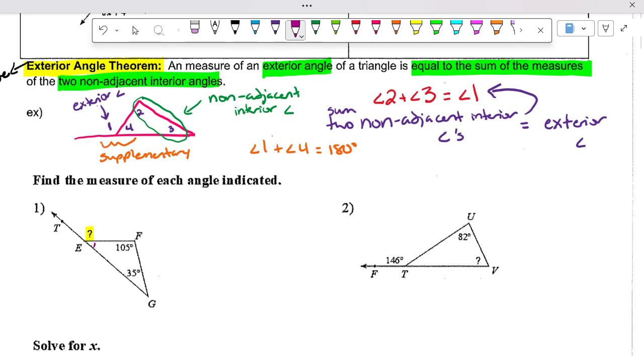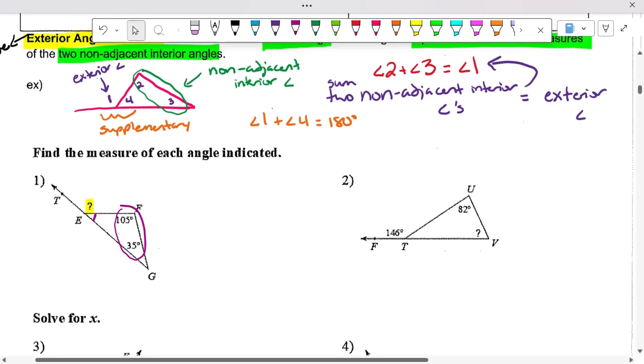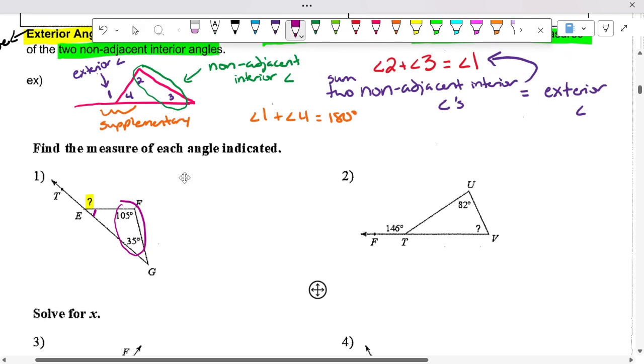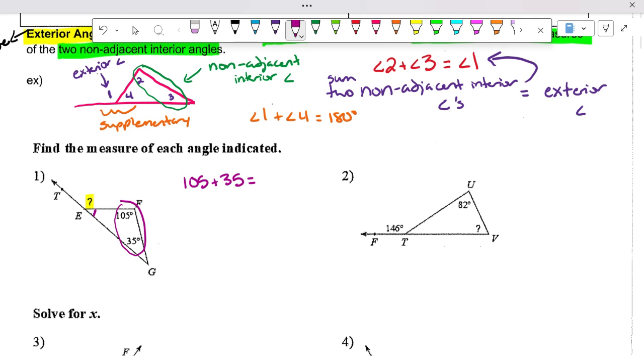So this angle would be the adjacent angle. The other two are not. So what's the only thing I got to do to get the exterior angle? Just add them together. So I'm going to do 105 plus 35. That's equal to what? It's equal to 140. So this angle right here is 140 degrees.